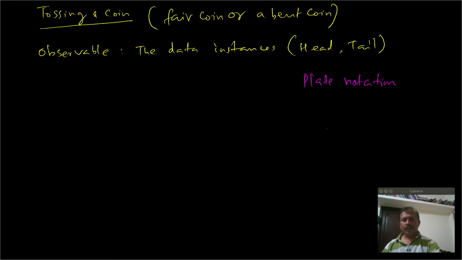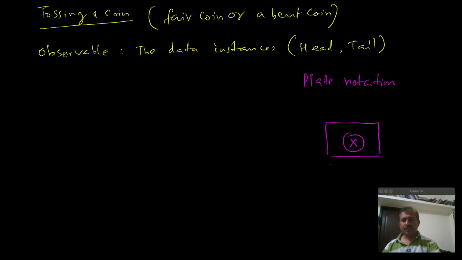We associate the random variable, and this represents multiple instances of the random variable outcomes that are being generated, right?